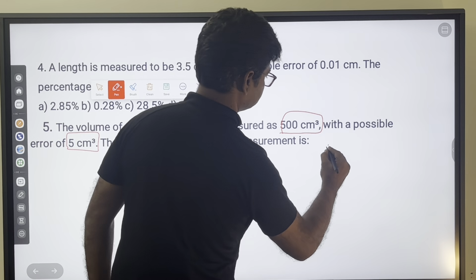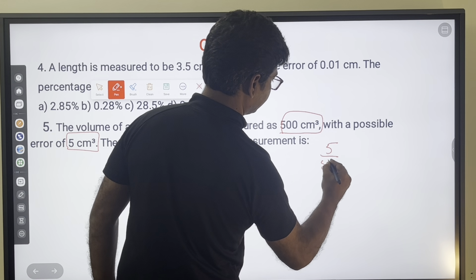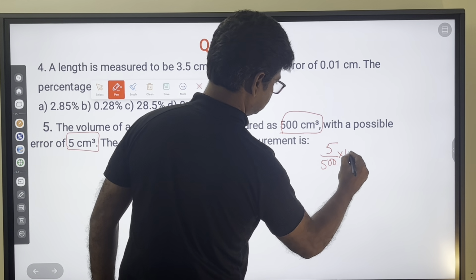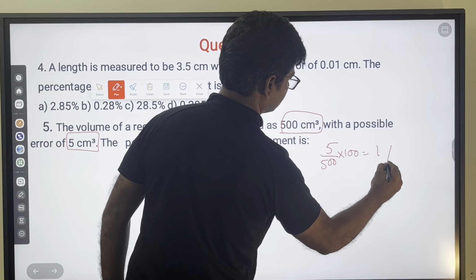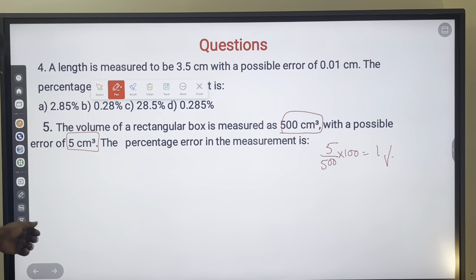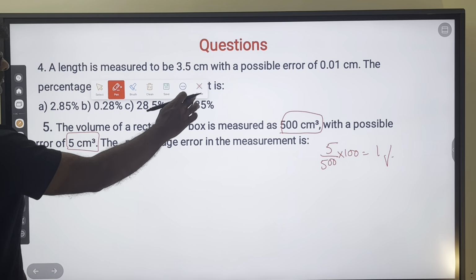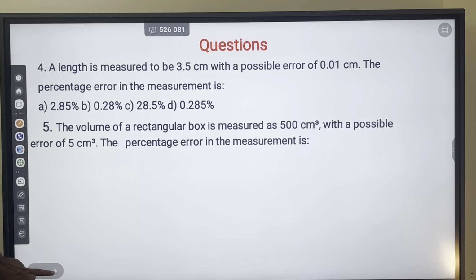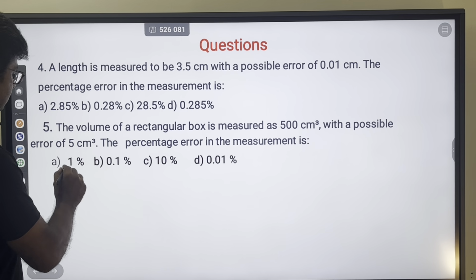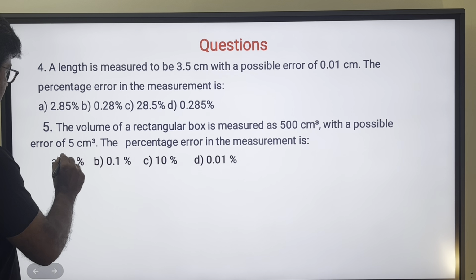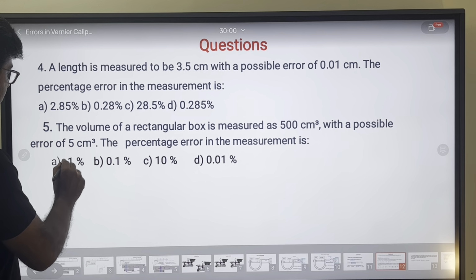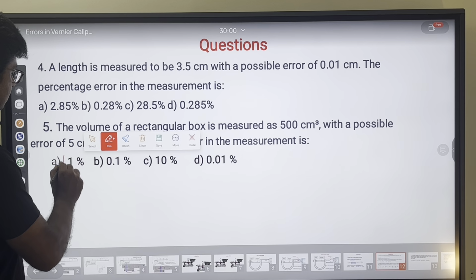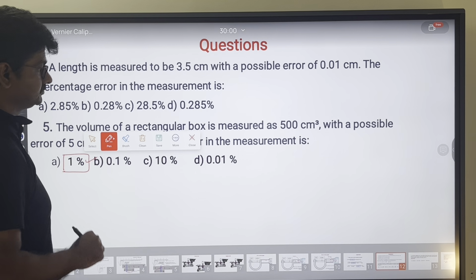So 5 by 500 into 100 is equal to 1%. Very simple problem. So the answer is 1%.